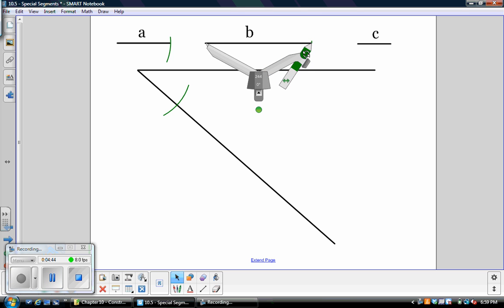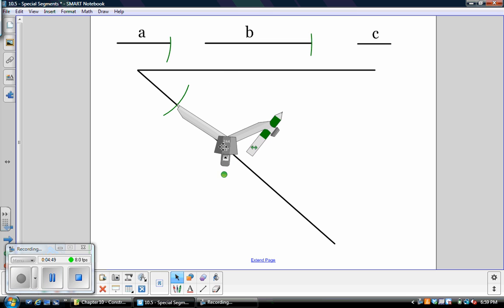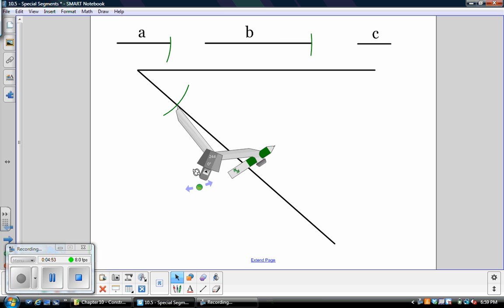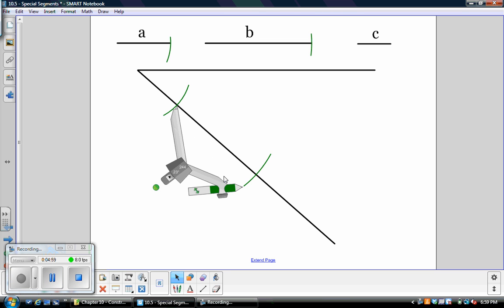So now, mark off B right adjacent to A. So now, what you have here is we have A and B.